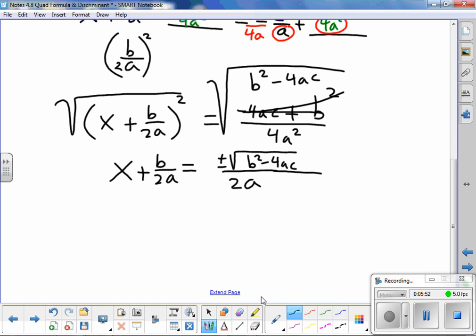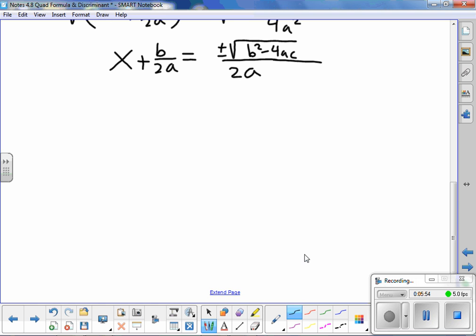Last part is I just need to subtract this b over 2a part. So minus b over 2a on both sides. You have common denominators, so you can just do this stuff minus this.